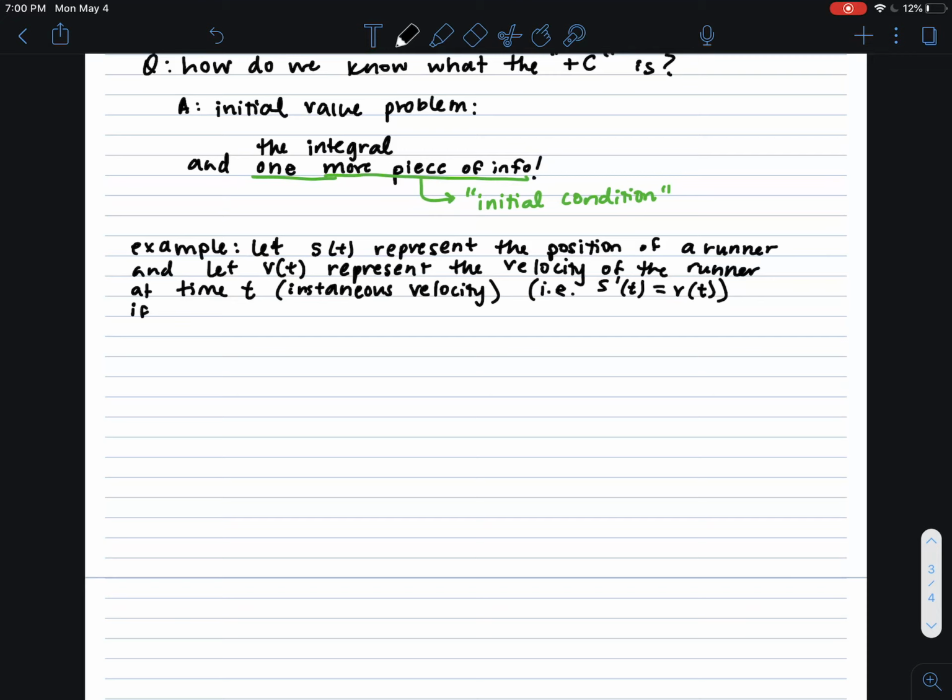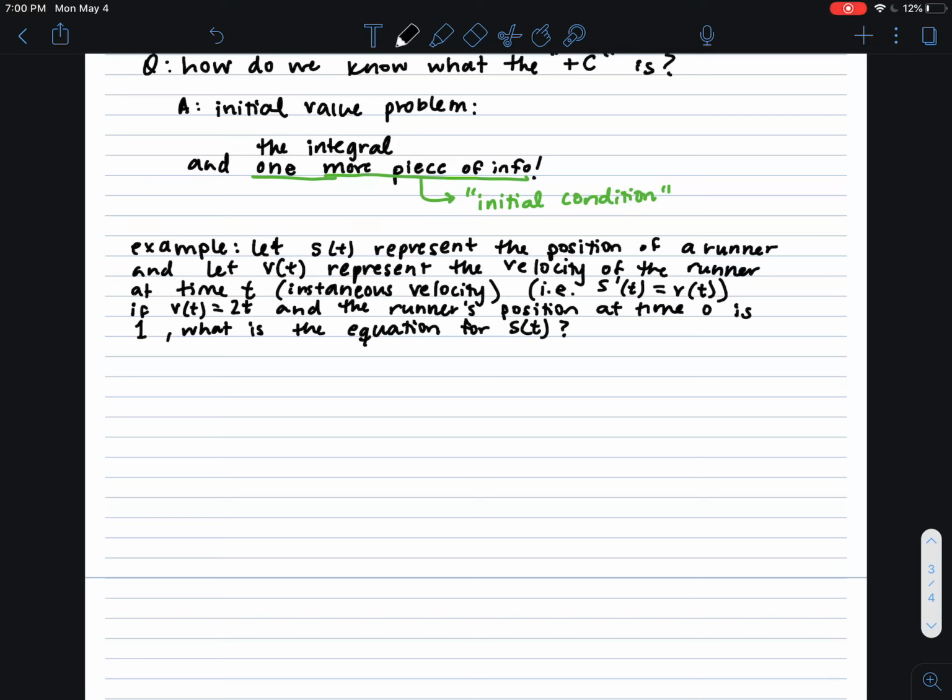So if V of t is equal to 2t and the runner's position at time 0 is 1, what is the equation for S of t?